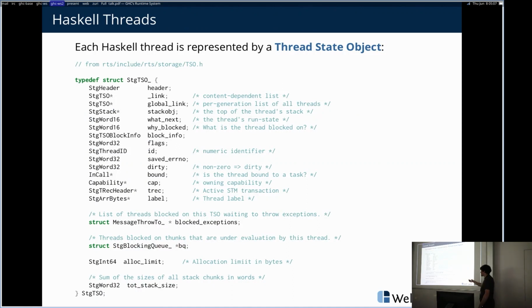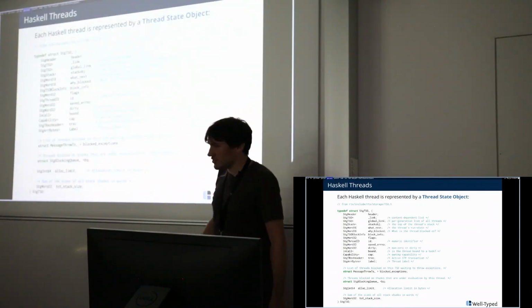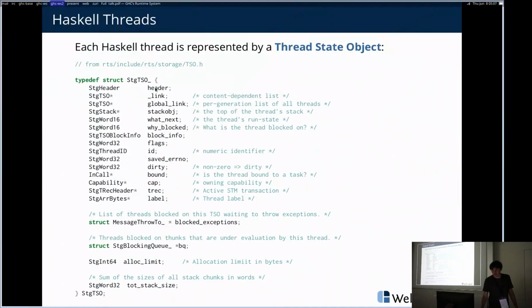And finally, this brings us to Haskell threads, right? Capabilities are the substrate on which Haskell evaluation occurs, but the threads themselves are a separate data structure, and these are heap objects. These are TSOs, or thread state objects. We see here we have this header field, which is a sure sign that we are dealing with a heap object or perhaps a stack frame.